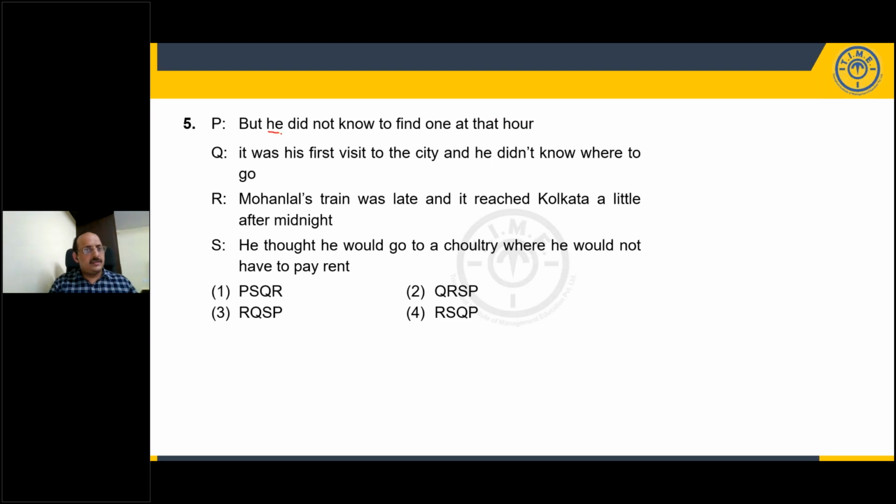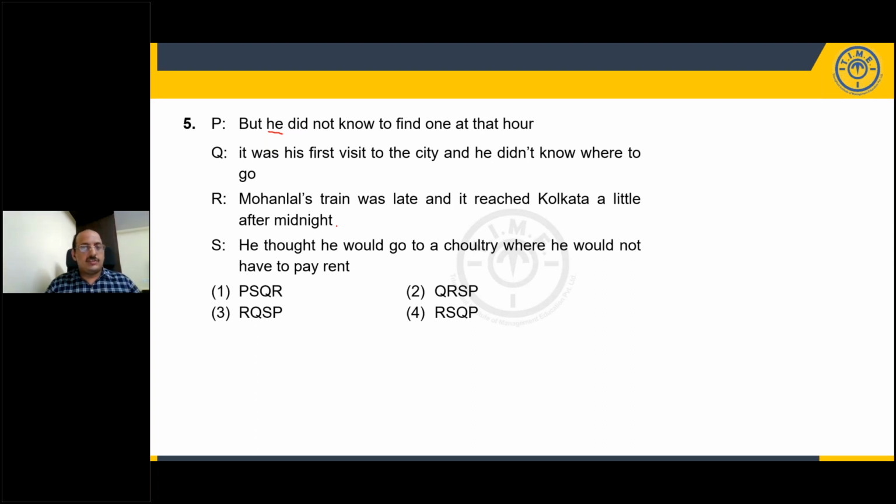So I'm talking about somebody who did not know how to find something at that particular hour. Okay, it was his first visit to the city. He didn't know where to go. Okay, Mohanlal's train was late and it reached Kolkata a little after midnight. So there's a guy called Mohanlal. His train was late and he reached Kolkata a little while after midnight.